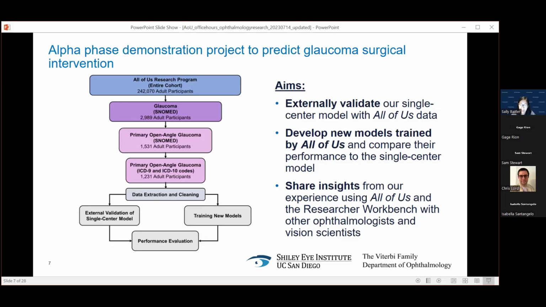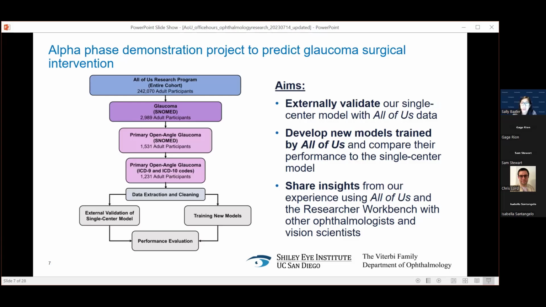And so, in AI/ML, I think there's a lot of concerns around reproducibility and generalizability. And certainly for us, as we were trying to come up with models that may potentially be used in supporting clinicians and identifying high-risk patients, we wanted to make sure that our models would work across diverse populations and not just work for our local population. And so this is a great opportunity to do that.